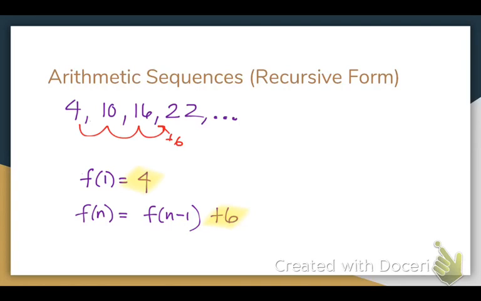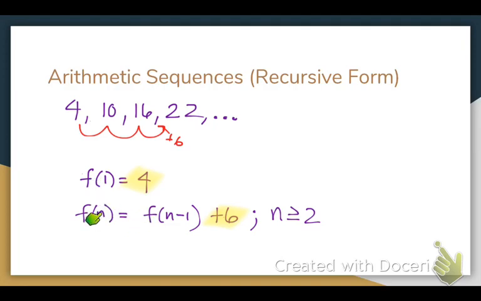Yes, sir? What happens when it gives you that and then it goes like greater than or equal to 1 or 2? Great. The other part of this is more notational, and it has to do with making sure that the function actually works. They'll add on a little thing to the end of this that says n has to be greater than or equal to 2. The reason they say that is because they're letting you start at 1, so the only numbers you can plug into this equation are numbers that are greater than or equal to 2.